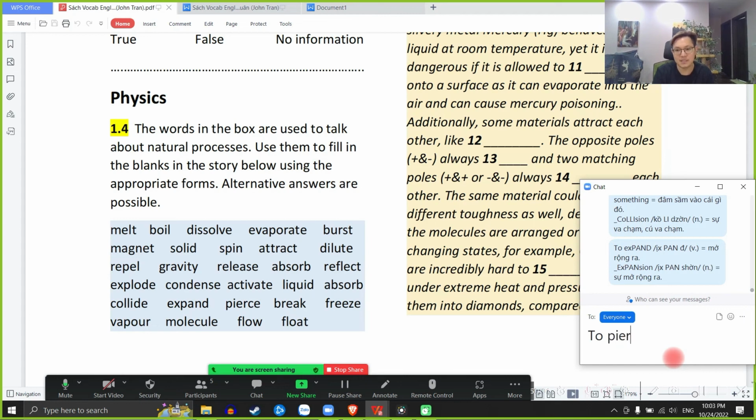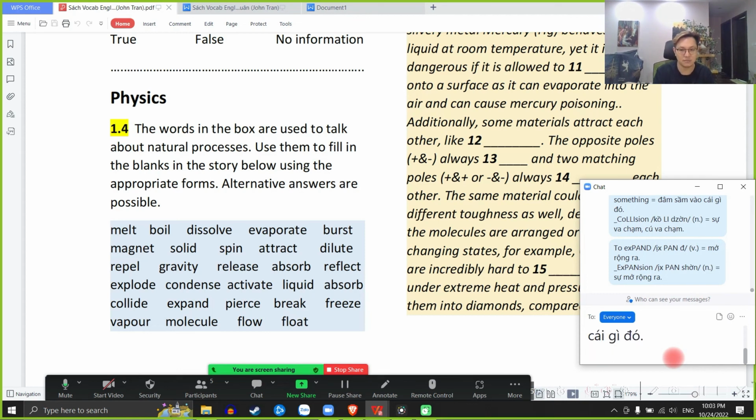Okay, next one, to pierce. To pierce through something. Xuyên thủng, đâm thủng cái gì đó.